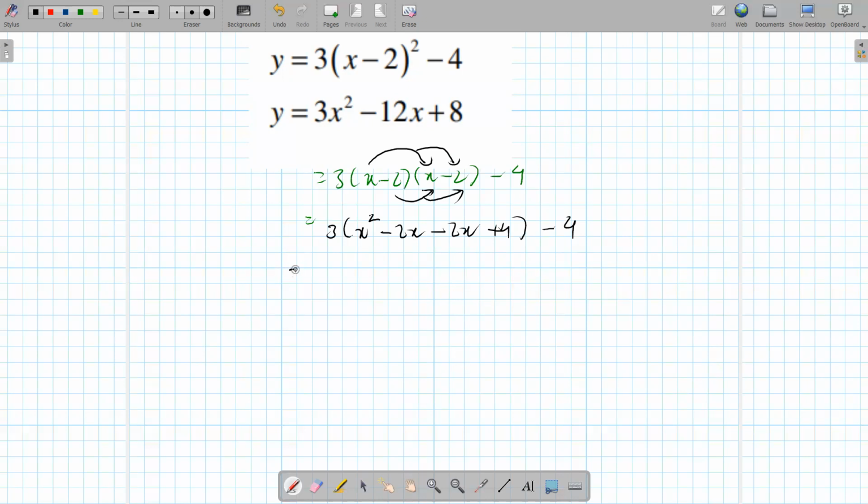So if you group up the like terms, you would get x squared minus 4x on the inside of the brackets, and then you want to multiply everything on the inside with the 3 on the outside. So you get 3x squared minus 12x plus 12 minus 4. And then finally, 12 minus 4 is an 8. So you get 3x squared minus 12x plus 8.